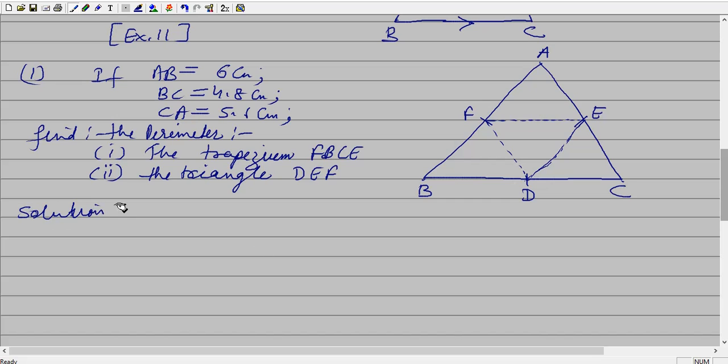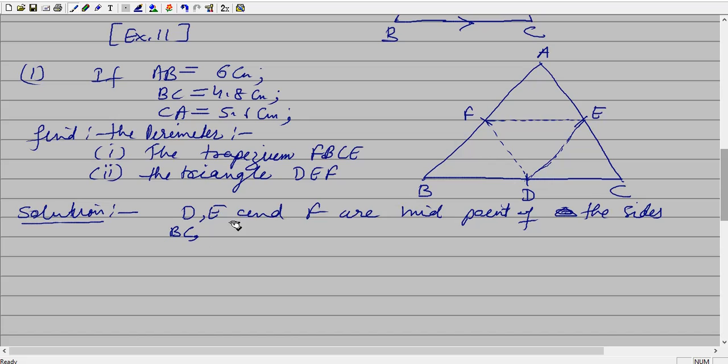Always write: D, E and F are midpoints of the sides BC, CA and AB respectively.